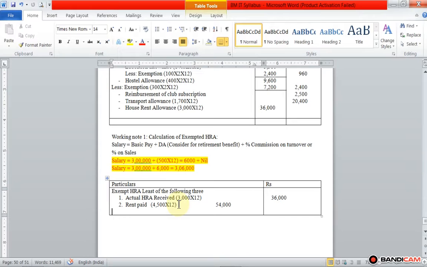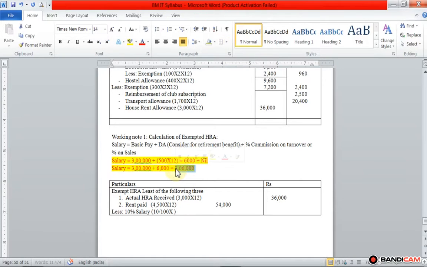So in the inner column 54,000 is the rent paid by Mrs. Jamdade. From rent paid, we deduct 10% of salary. So we compute 10 divided by 100 multiplied by salary.